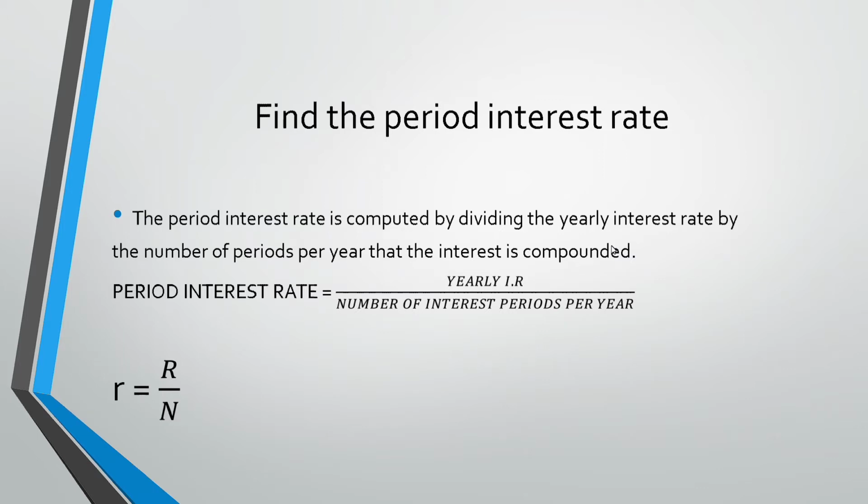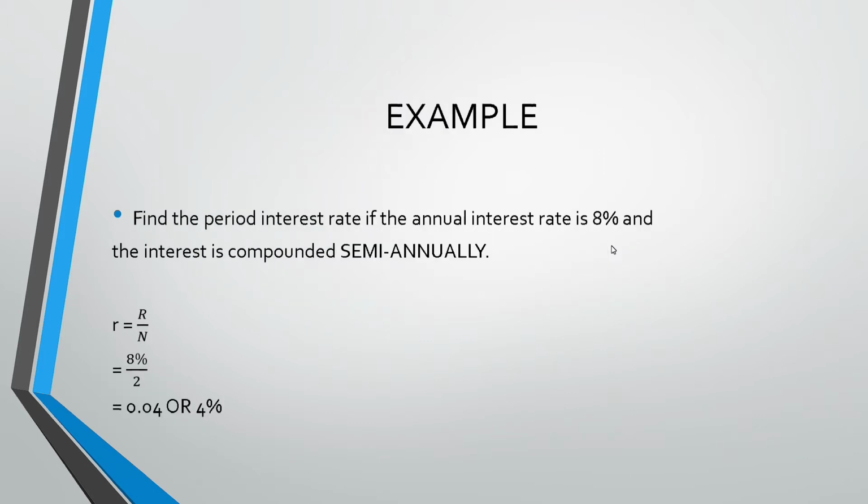Okay, so let's have an example. Find the period interest rate if the annual interest rate is 8% and the interest is compounded semi-annually. Okay, so we know that the formula is small letter r is equal to big letter R all over n.